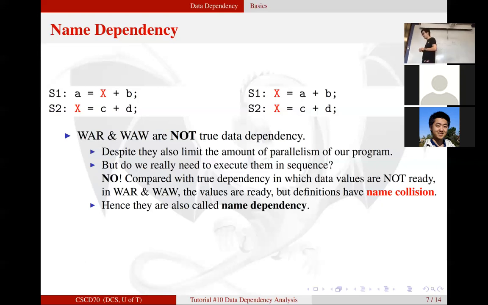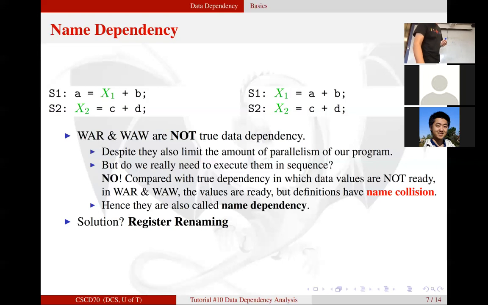So this is why we won't have name dependencies, as shown on the slide. Any questions? Good.